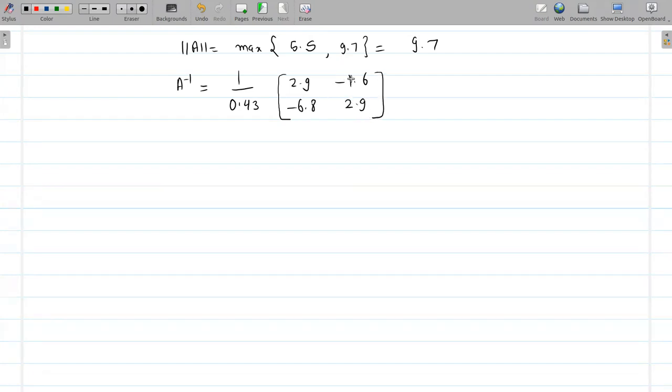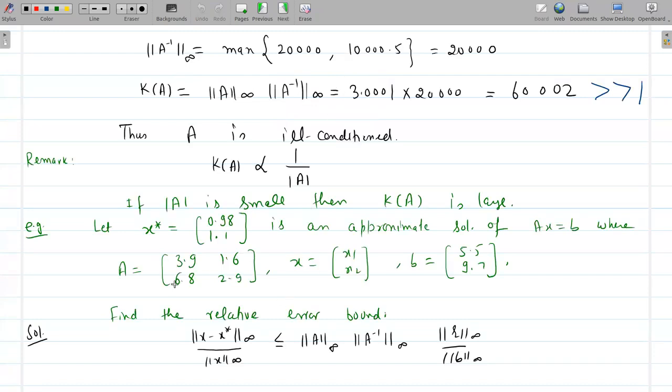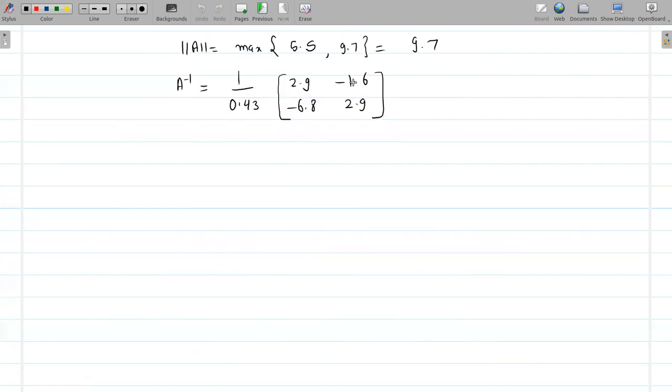Then for 1.6, the corresponding entry is 6.8, okay. But then you interchange row and column, so the entry here comes here. Okay, and 0.43 is the value of the determinant you can calculate, so you can write here determinant of A is 0.43. So A inverse is adjoint divided by determinant, and you can take 0.43 inside, so divide each entry by 0.43. So this is my final answer.